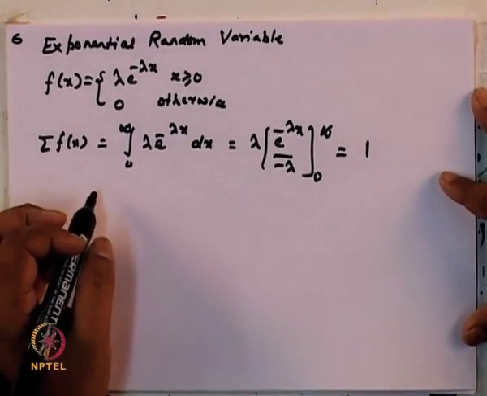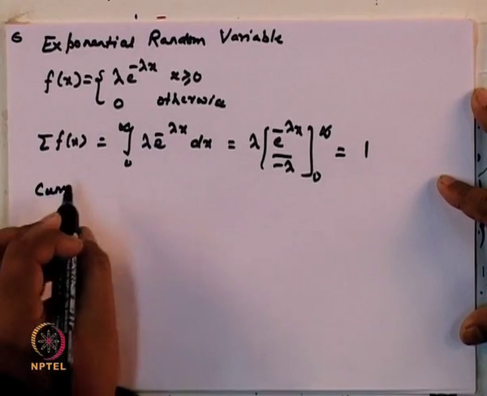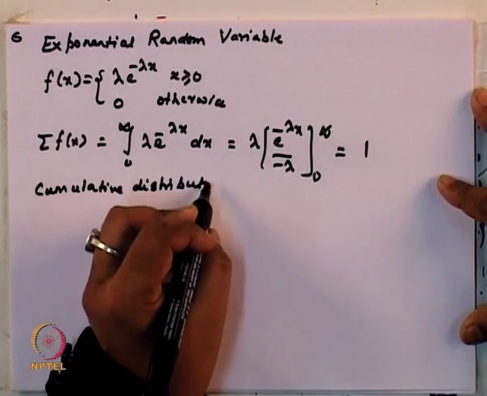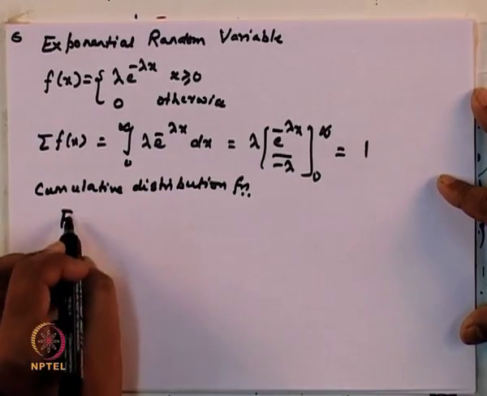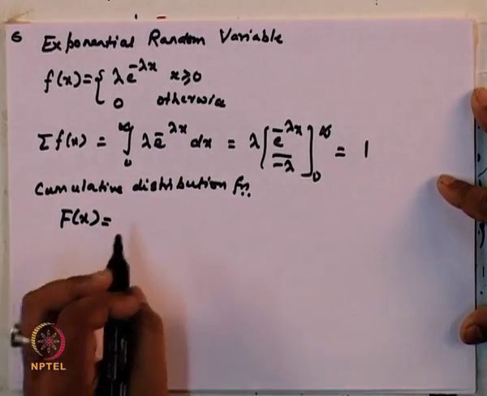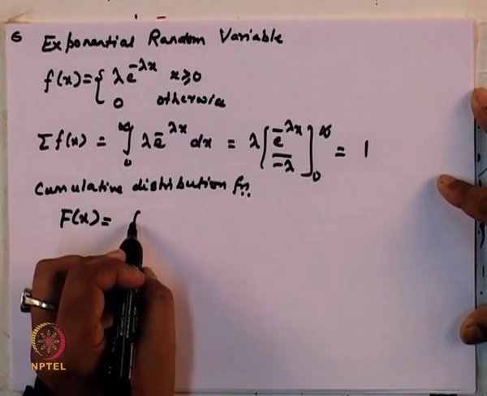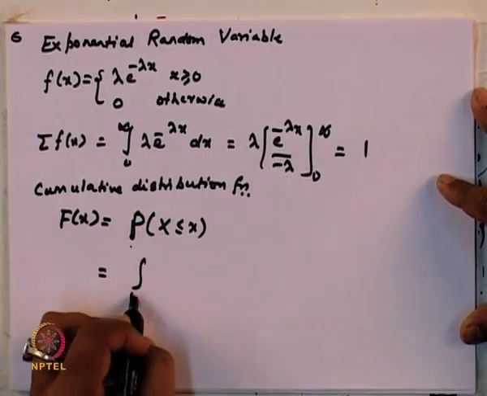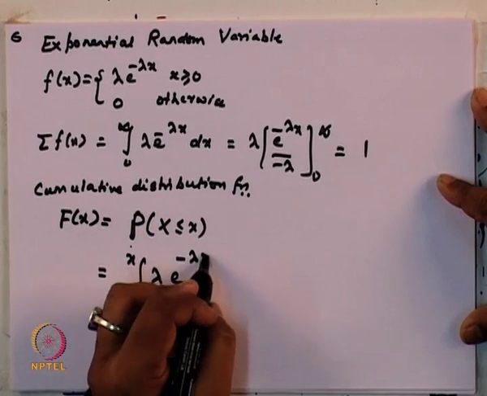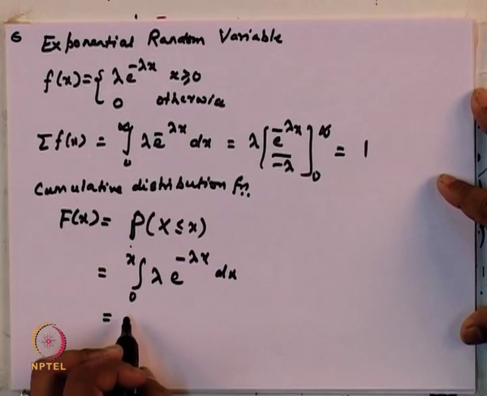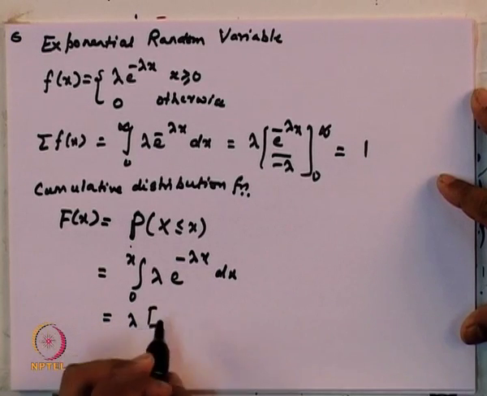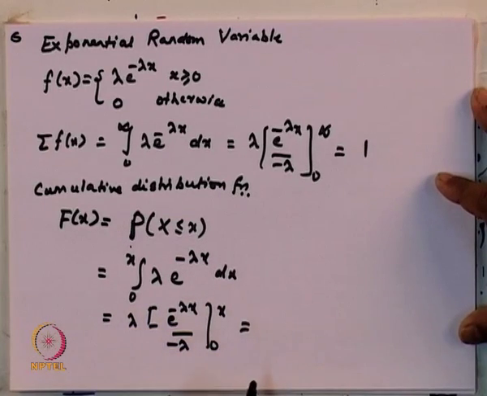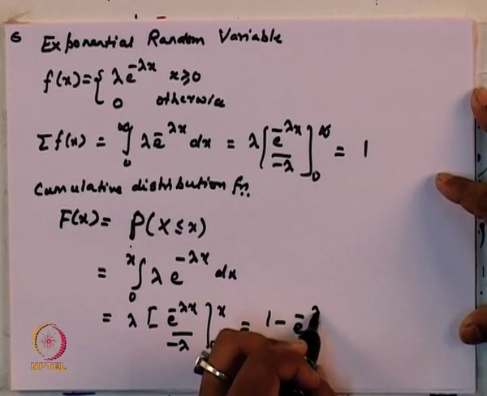Okay. I can determine the cumulative distribution function F of x, which is nothing but the probability X less than or equal to x, equal to the integral from 0 to x of lambda e to the power minus lambda x dx, which turns out to be 1 minus e to the power minus lambda x.